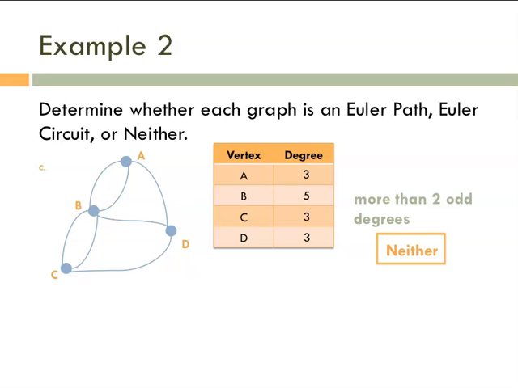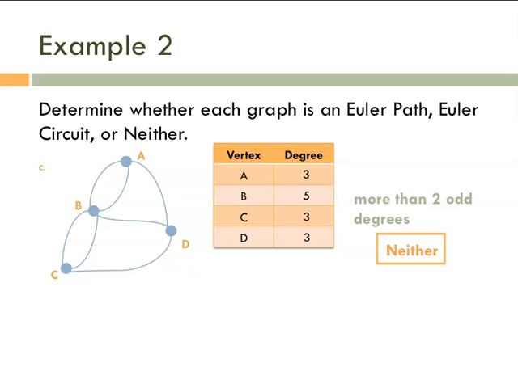This is a little bit of a look into how he was able to prove that. Obviously, we're not going to go through his entire proof as thoroughly, but his proof that this problem didn't work allowed him to come up with these theorems that we can now use to easily figure out whether something is an Euler path, an Euler circuit, or neither, without actually having to try it until you give up.